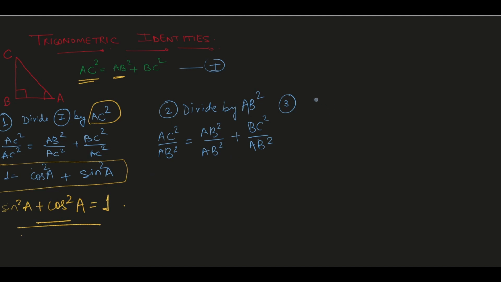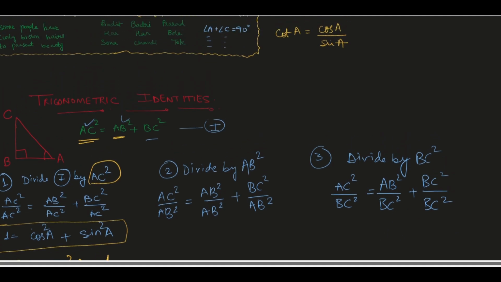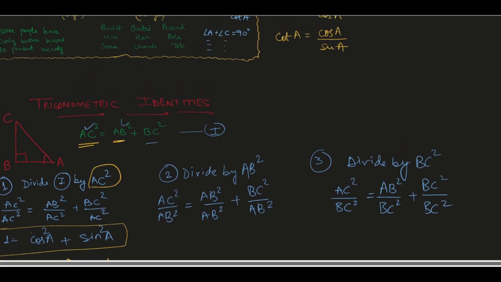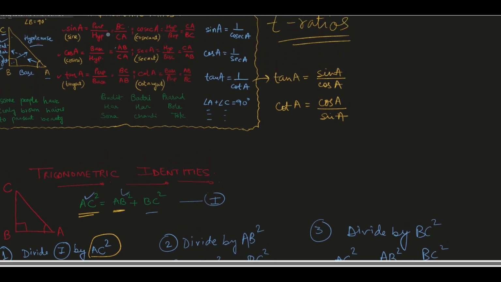Meanwhile, I'll just write this for number 3 also. In all three cases, one whole term will become unity, that is 1, because of the cancelling effect. So AC square by AB square. Let's go above and check what is AC square by AB square, or better to say AC by AB.